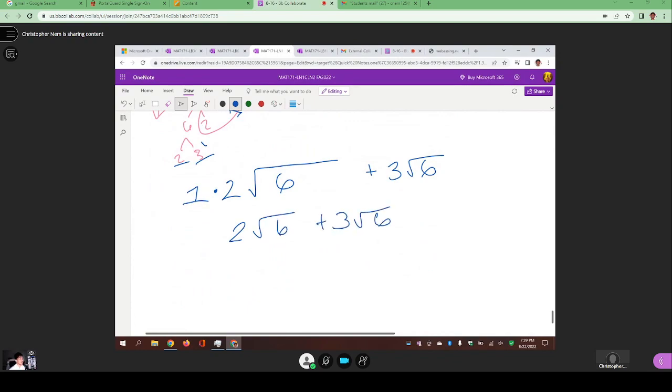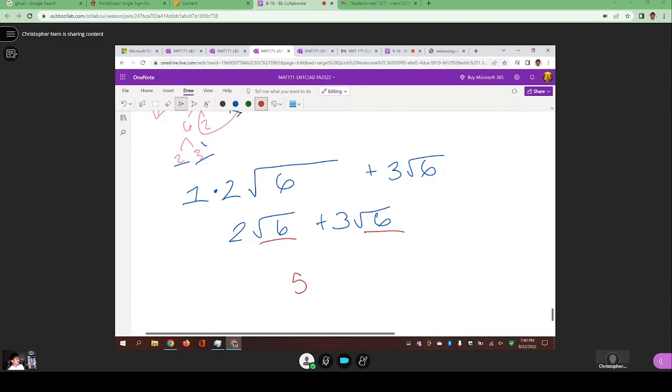Well, what do you guys notice now? The coefficients might have changed. However, something even more important happened. We have like terms. These are the exact same factors, which we can go and add together like polynomials. And when we're adding them together, all we have to do is add the coefficients. So when we do that, we get 5.